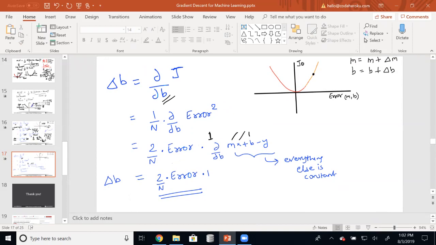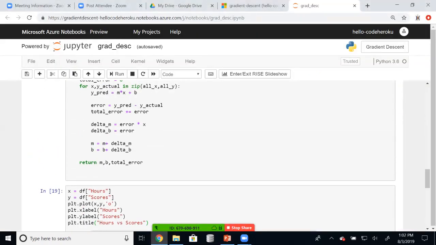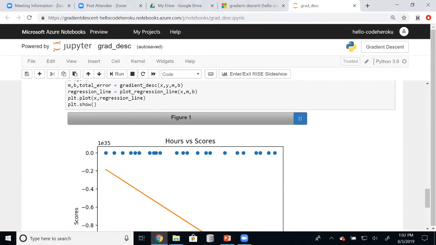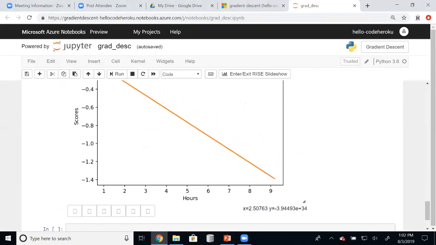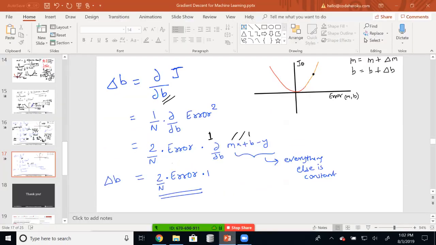So Sudipta, if you missed that part, we added the equation for delta m and delta b that we just derived, and we tried to see if we are getting the right answers, if the math that we did was right. And it seems like it is still not working. We are getting a weird line like this. Any intuitions on why this might be happening? Again, we need to go back to our whiteboard and see why.